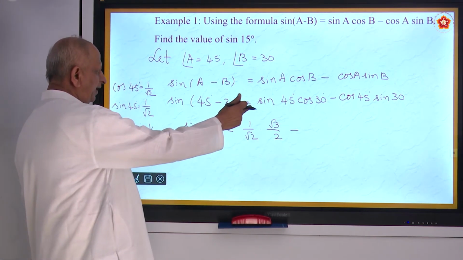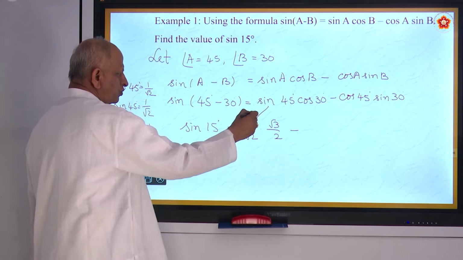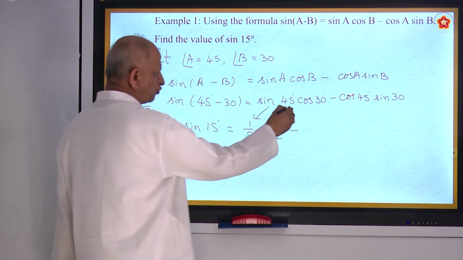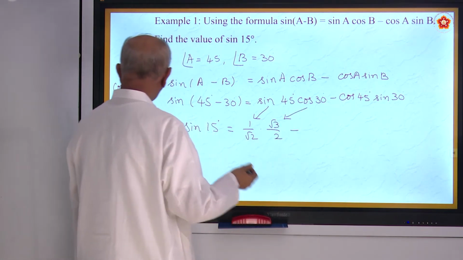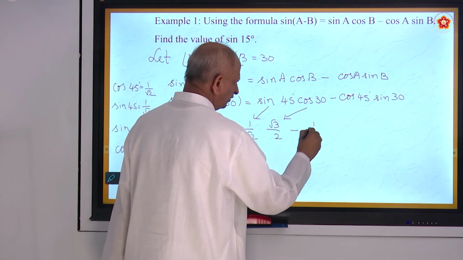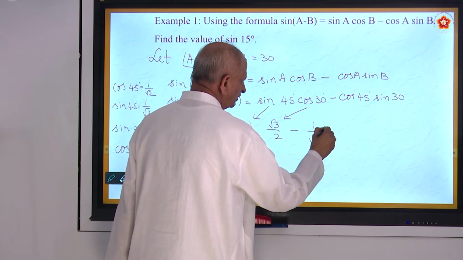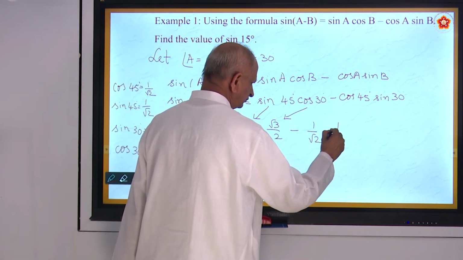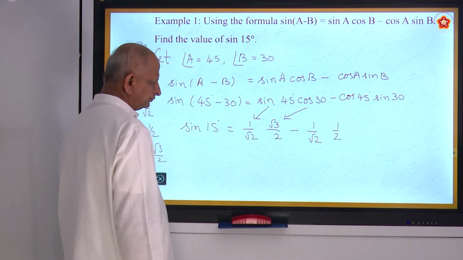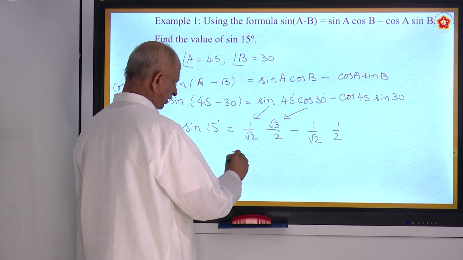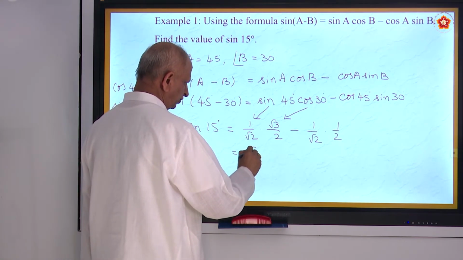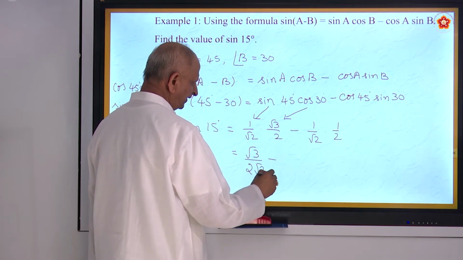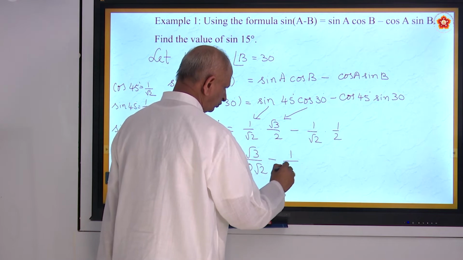So sine 45, 1 by root 2, then cos 30, root 3 by 2, cos 45, 1 by root 2, sine 30 is half. So you have root 3 by 2 root 2 minus 1 by 2 root 2.